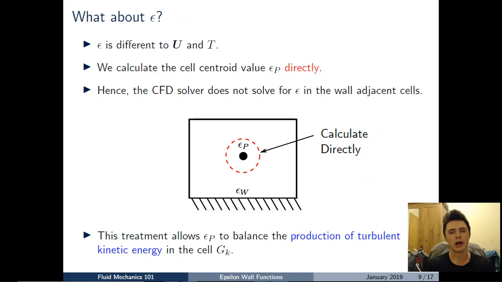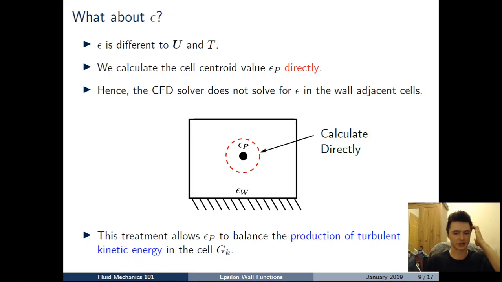So what about epsilon? How is epsilon different to the velocity and temperature fields? Well, the short story is that we calculate the value at the cell centroid, that's epsilon sub p, directly. We aren't modifying or computing gradients as we were with velocity and temperature; instead we compute that value at the cell centroid directly using a wall function.